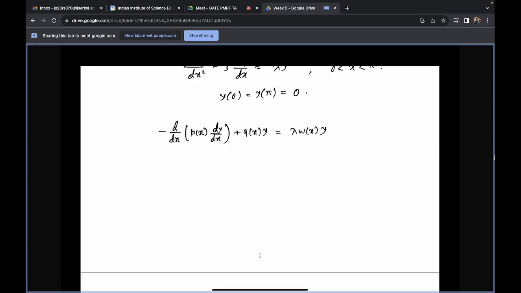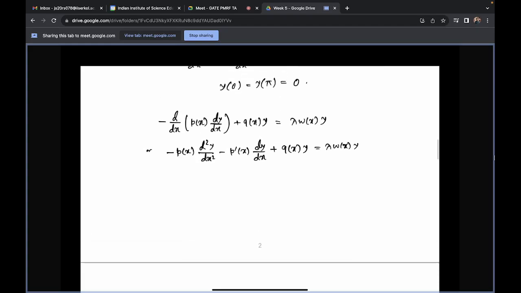If you now differentiate by the chain rule, what you will get is minus p(x) d2y/dx2 minus p prime(x) dy/dx plus q(x) y equals lambda w(x) y.